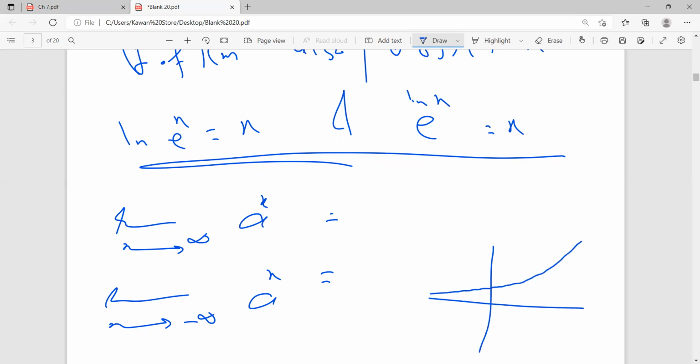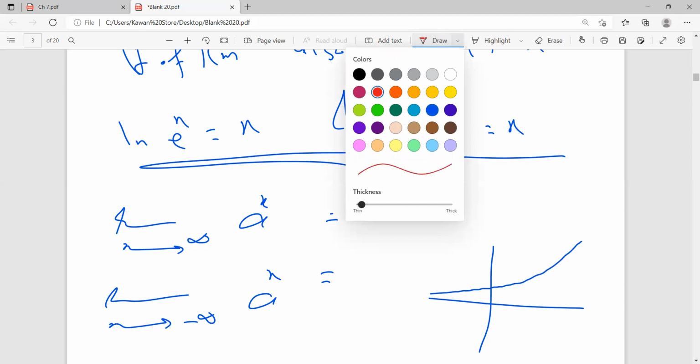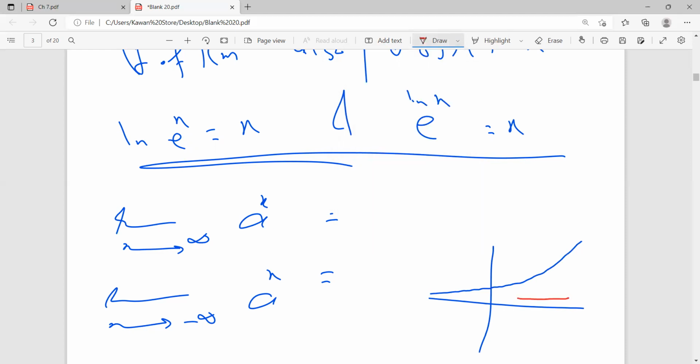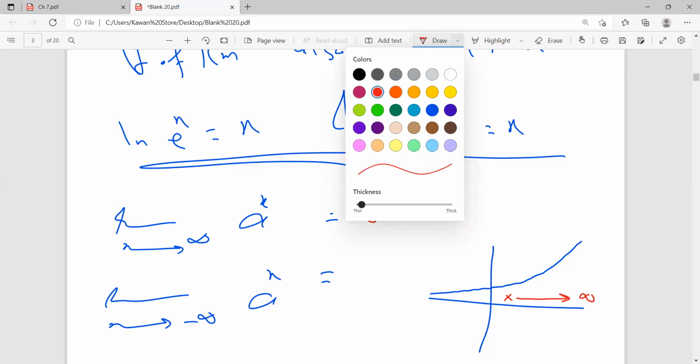So now I have x approaching infinity. x is going to infinity. Show me the behavior of the graph or the curve when I'm going to infinity. It's going to where? Increasing exactly to where? Positive infinity. Understood?